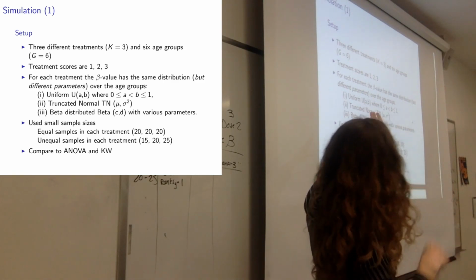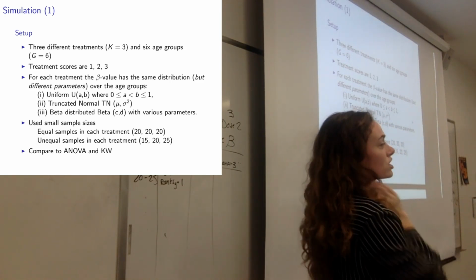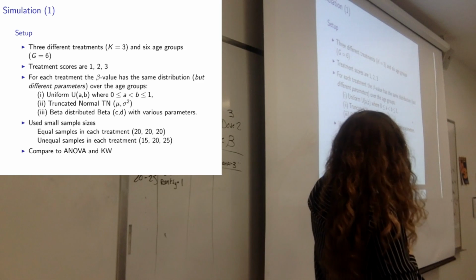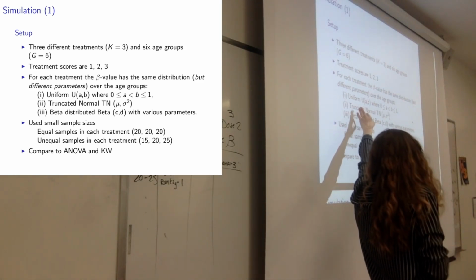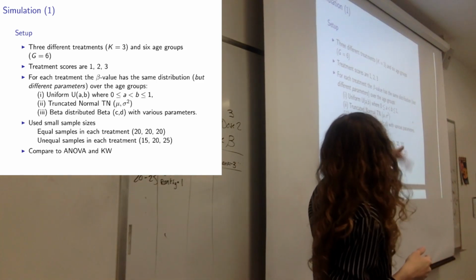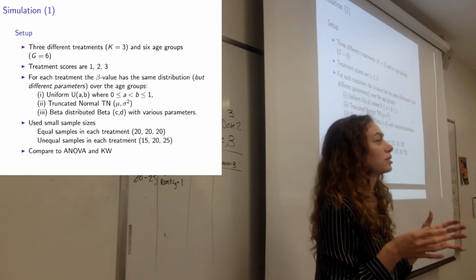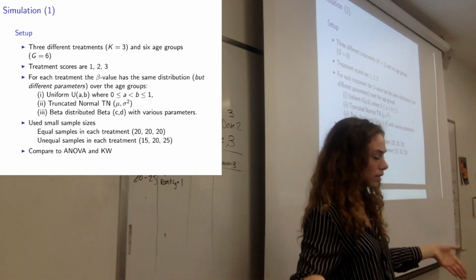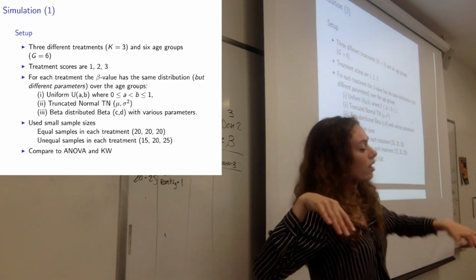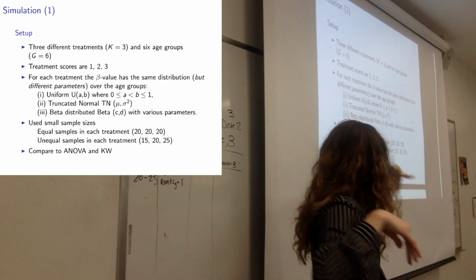But so we have treatment scores 1, 2, 3, and they're going to have 3 different distributions that they are simulating beta values from. In each of these simulations, they either have a uniform, truncated normal, or beta distribution, but you allow them to have different parameters so that they can have a trend. So you're simulating treatment 1, treatment 2, treatment 3. Either they all have uniform, but with different values so that you can detect trend.